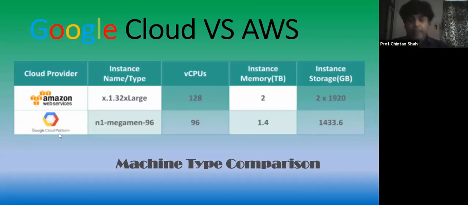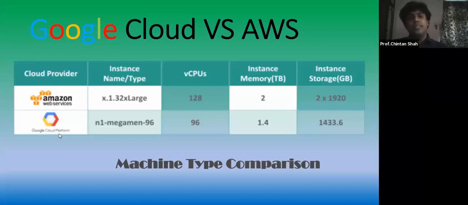If I compare the maximum instance size, AWS is the winner because AWS gives you the biggest instance, which is 128 CPU with 2 TB of RAM. On the other side, Google Cloud Platform has only 96 CPU with 1.4 TB of RAM. So in terms of machine type, Amazon Web Services is the winner.